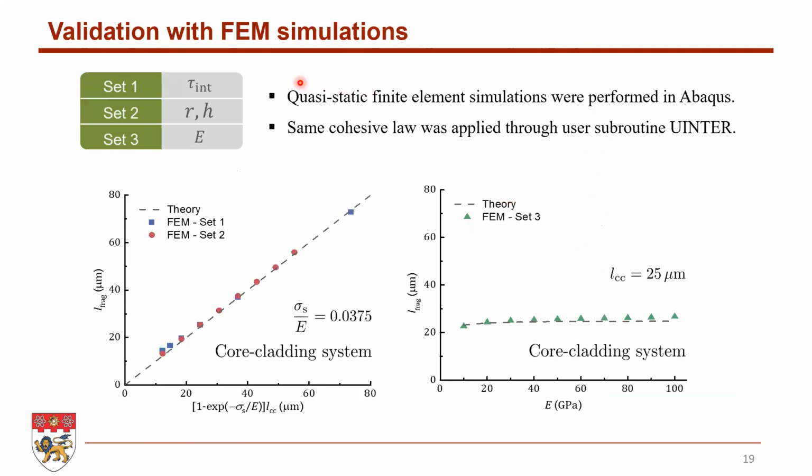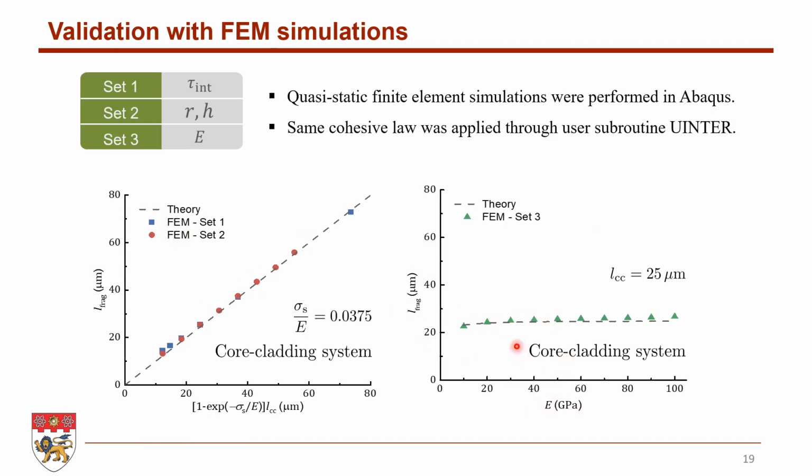To verify our theory, we also conducted finite element simulations. The left figure shows that the theoretical predictions indicated by the dashed line and the FEM results indicated by dots are very close to each other. And the right figure shows the fragmentation size has a very weak dependence on the Young's modulus.